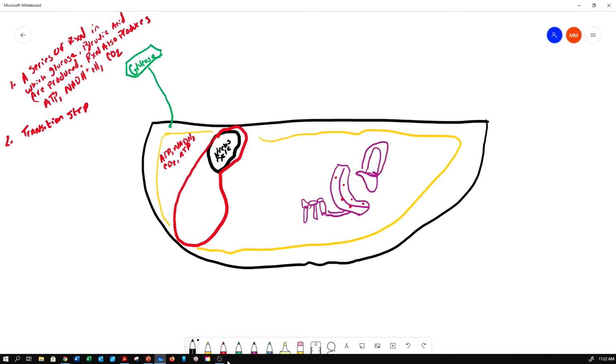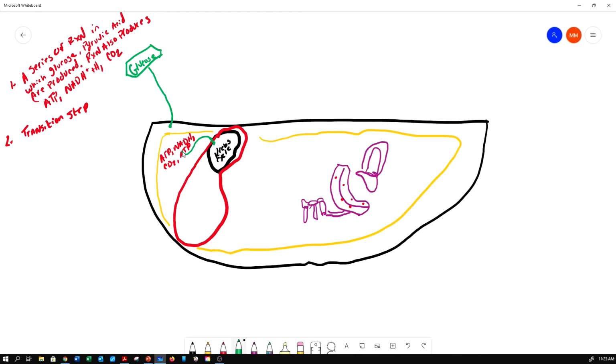And so when we have this, all of these ATP, NADH, CO2, and ATP, when it crosses into the mitochondria, because we're outside the mitochondria at this point.